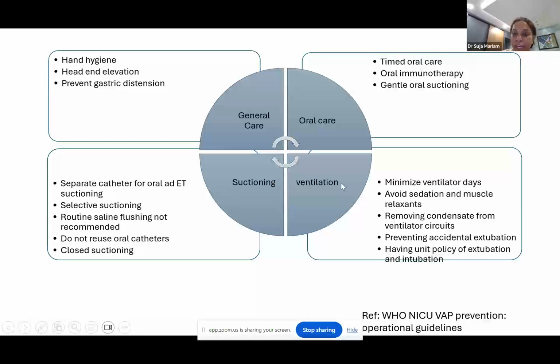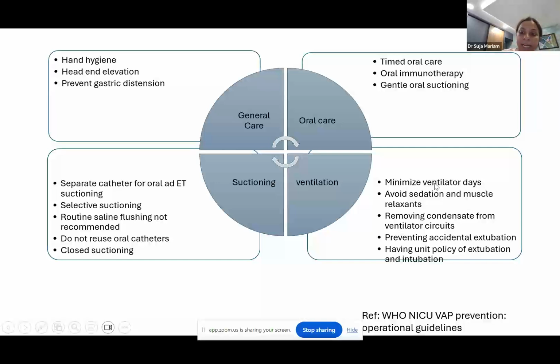In ventilation strategies, minimize ventilator days. Avoid sedation and muscle relaxants as much as possible. You have to provide analgesia, but not sedation or muscle relaxants. Removing condensate from the ventilator circuits. Preventing accidental extubation.